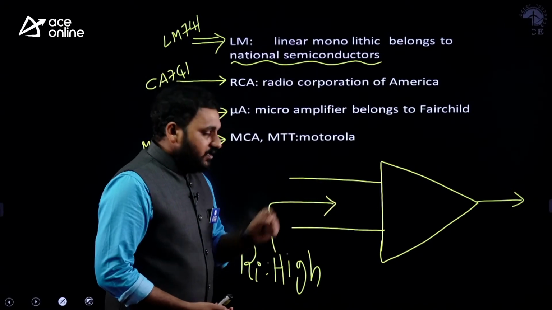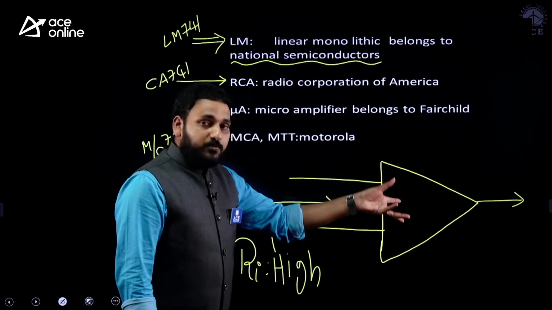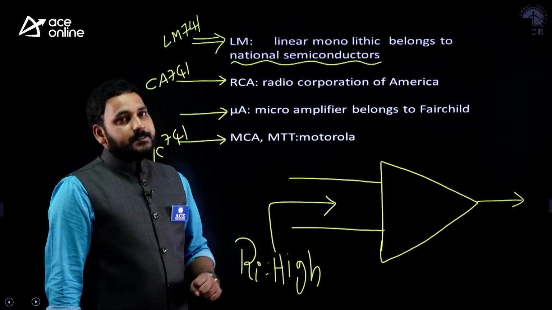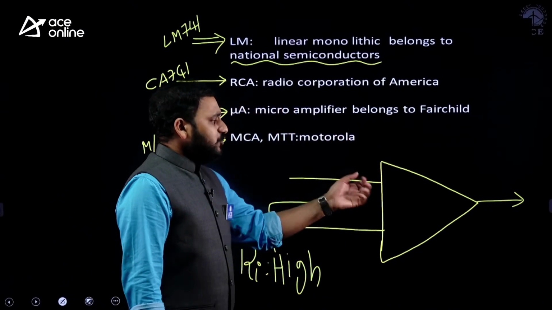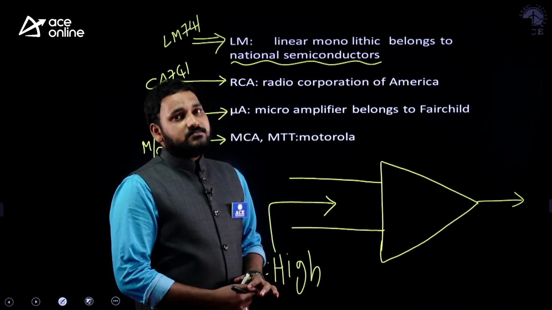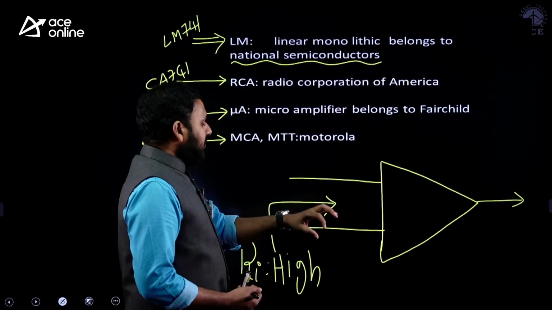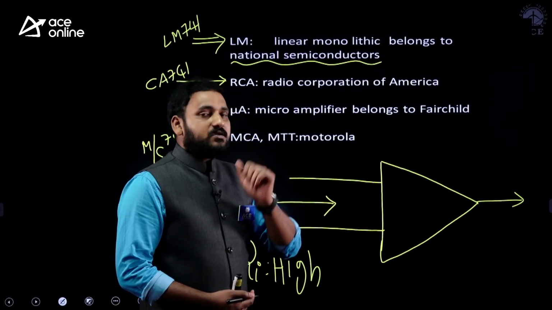Ideal characteristics of operational amplifier: input impedance, output impedance, open loop gain, that is the differential gain or voltage gain, slew rate, and CMRR. CMRR stands for common mode rejection ratio. After completion of these, I will go for some basic explanation and circuit level analysis.